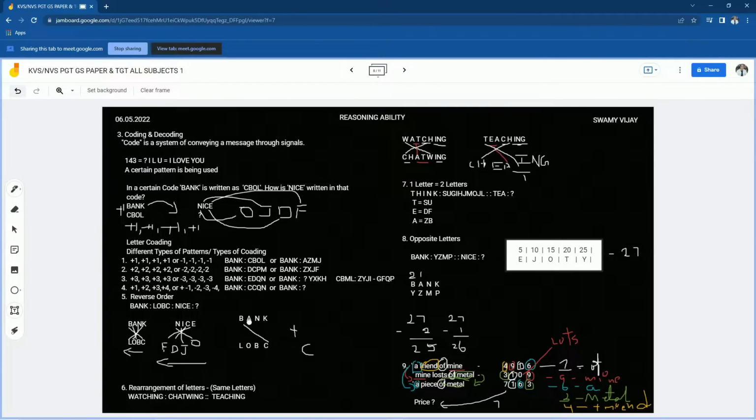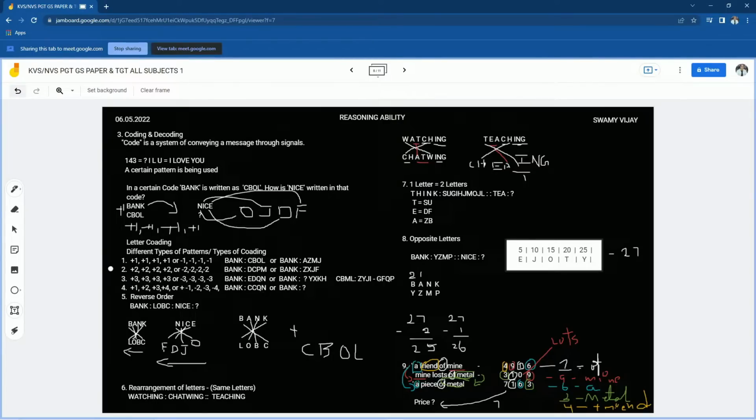So A has become B. Now what is the next letter? N, plus 1, O. So N has become O, so we will write O. Now tell me what is K? L. Now it has been written L, correct?